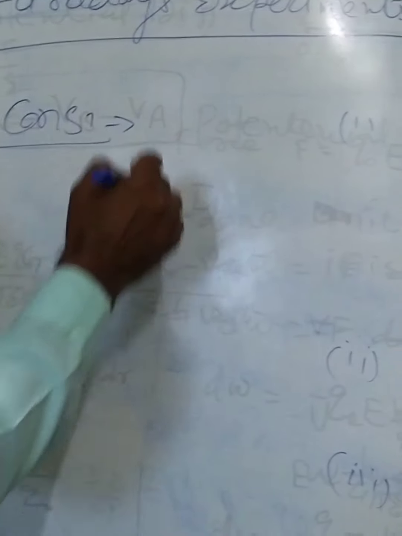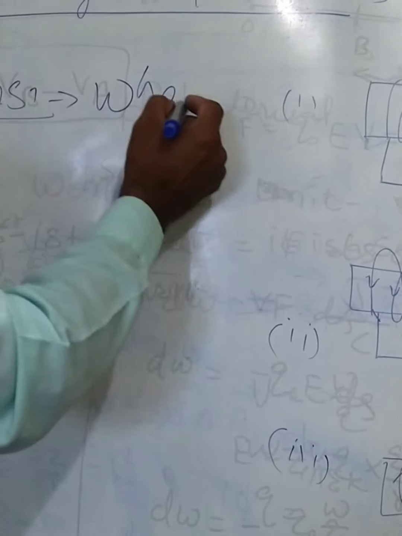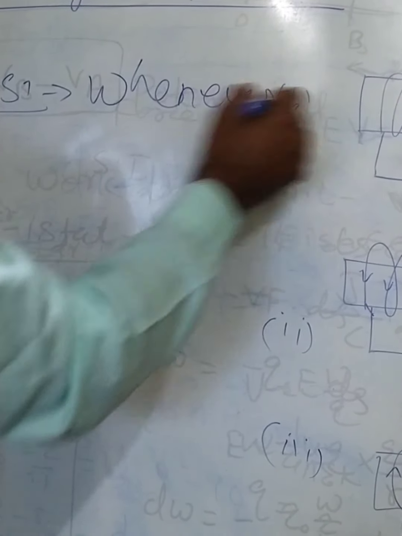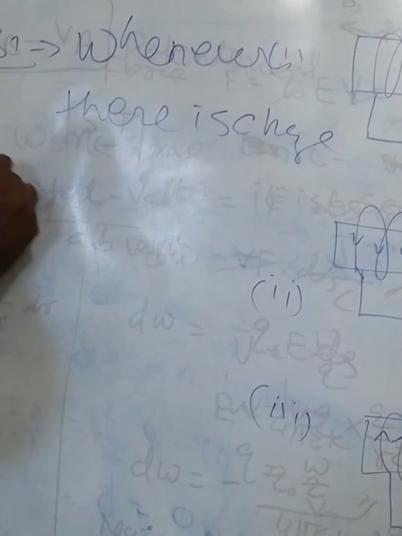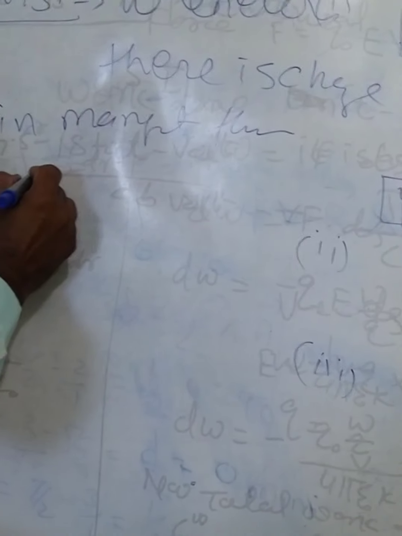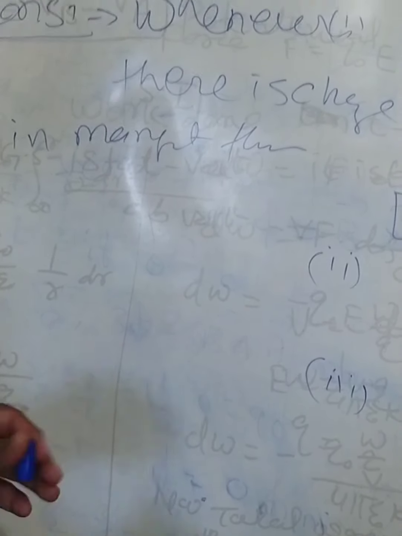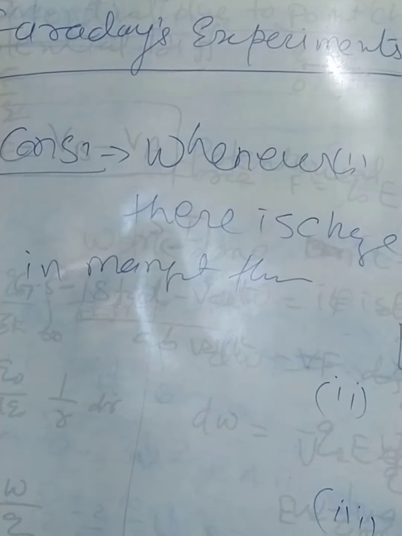And what is the conclusion? He concludes that whenever there is a change, if we are moving the magnet up and down, whenever there is a change in magnetic flux, a current is induced in the coil. Such a phenomenon is called electromagnetic induction.